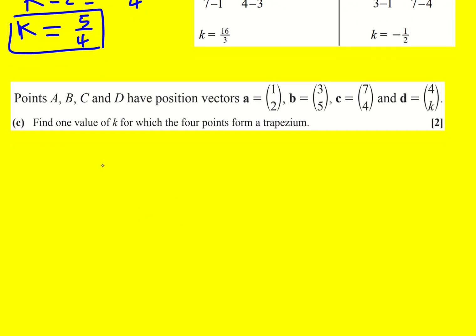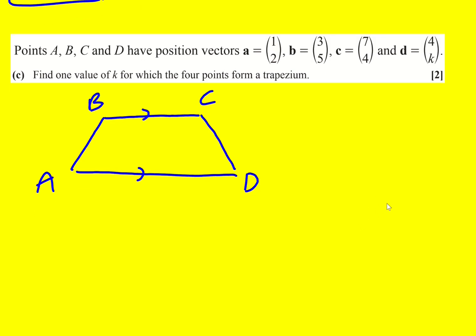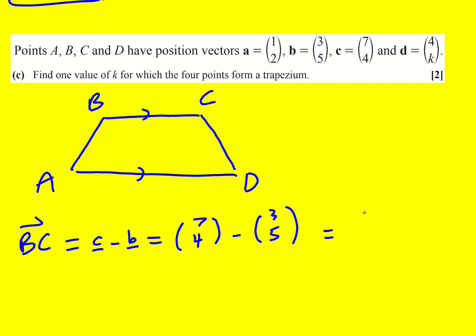So I'm going to do the same kind of setup. I'm going to construct my trapezium. And I'm going to assume BC and AD are parallel. And then I'm going to find the vector BC. Now I've talked about how we find this previously, so it's just C minus B, so it's going to be 4 minus 1.